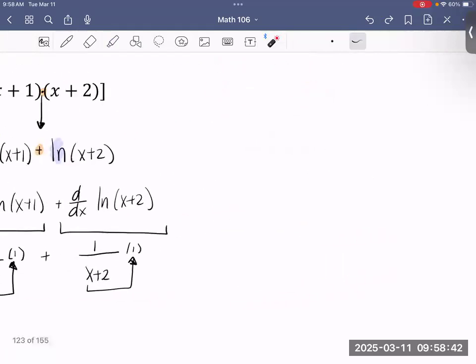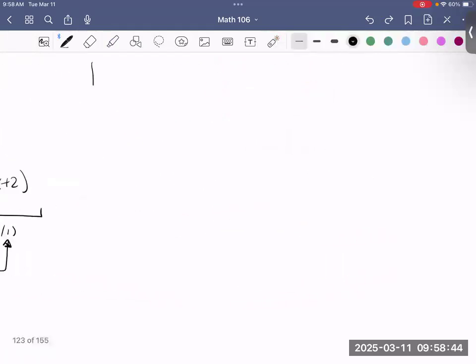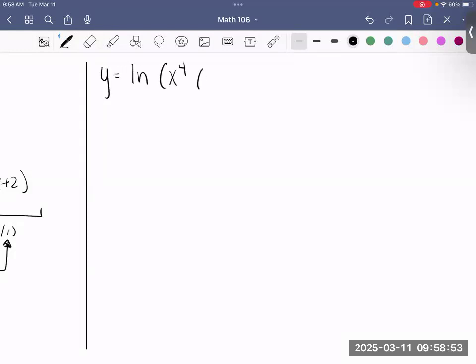Let's have you do one more, and I'll just do a really quick one over here. Let's do y is equal to ln of x to the 4th times 2x plus 3 and x plus 1 cubed. So see if you can pause the video and try that one out.